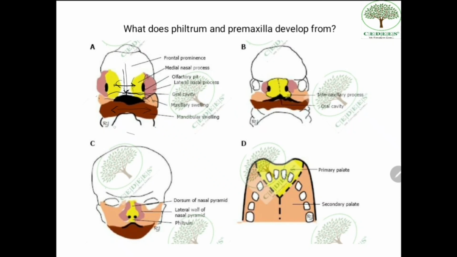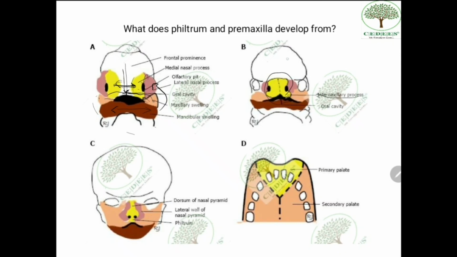And this symmetrical fusion is why we have the two halves of the face which are totally symmetrical and equal. So maxilla is going to fuse with lateral followed by medial, and our 2 medial nasal processes will also join in the center. Once they join in the center, as you can see in diagram B, it is nothing but the intermaxillary process.